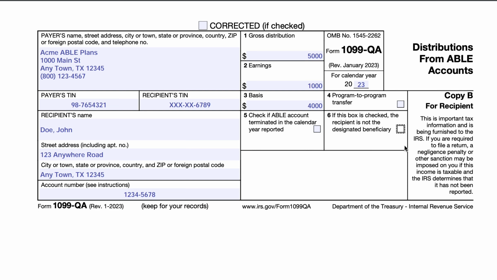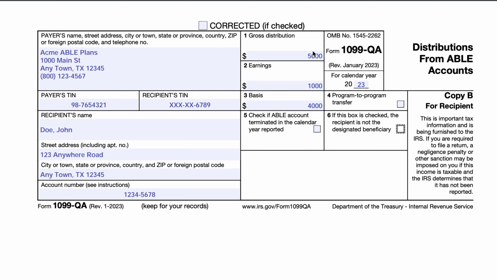If this box is checked, then this means that you're not the designated beneficiary of this ABLE account. You and/or the designated beneficiary may be subject to additional taxes and/or penalties based on this box 1 distribution. So you would then need to refer to IRS Form 5329 and its separate instructions.